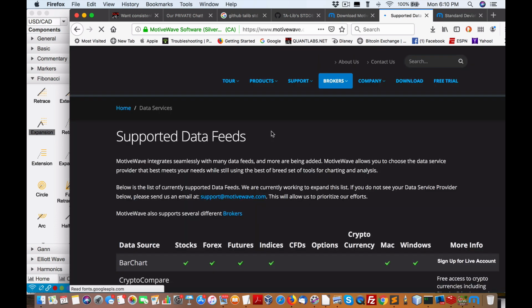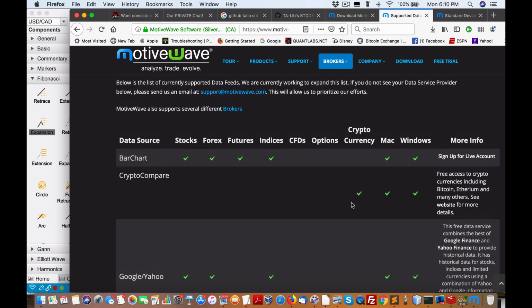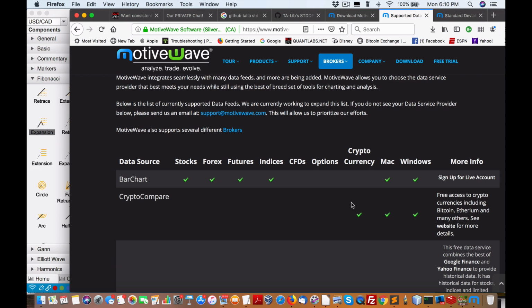So if you are interested in crypto, you can do it with Crypto Compare, but do understand you only get access for just data. You don't get access for actual live trading. I'm sure at some point they will work on that, knowing how much of a demand it is.